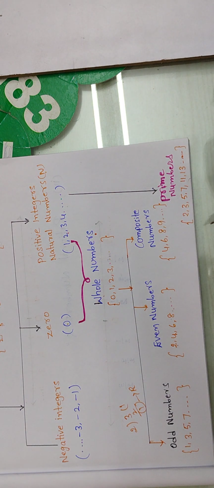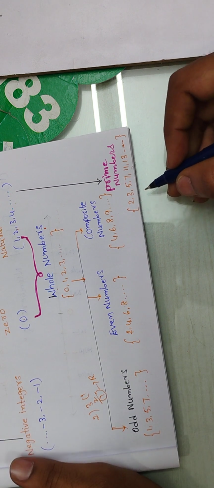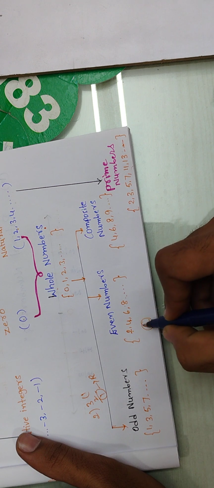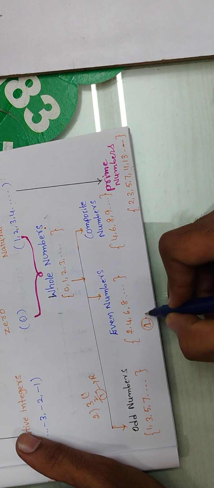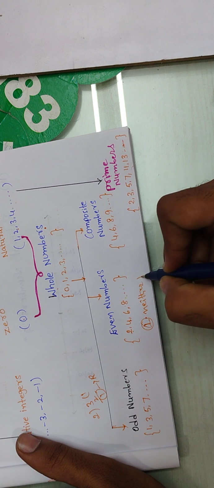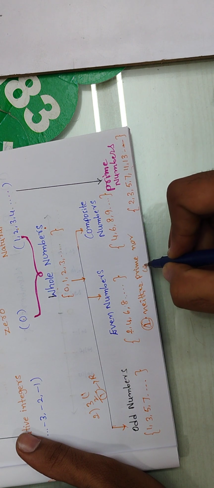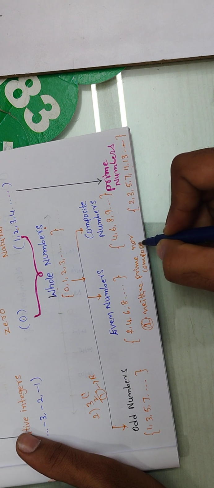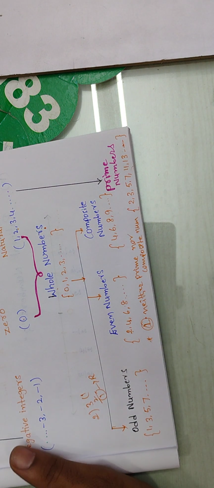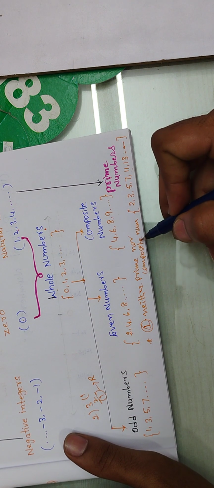Here you have to remember one key point: 1 is neither a prime number nor a composite number. This is the main key point.